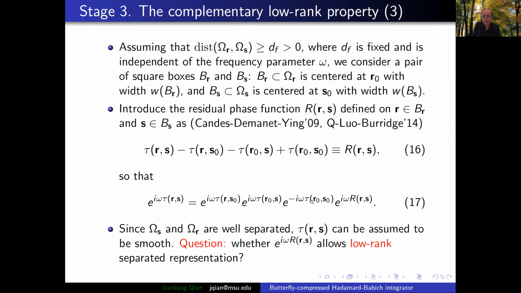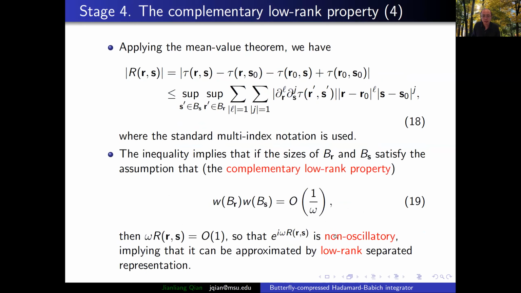The third term is constant. The only thing we need to deal with is the fourth term, and whether this fourth factor allows a low rank separable representation. That needs some analysis to check.